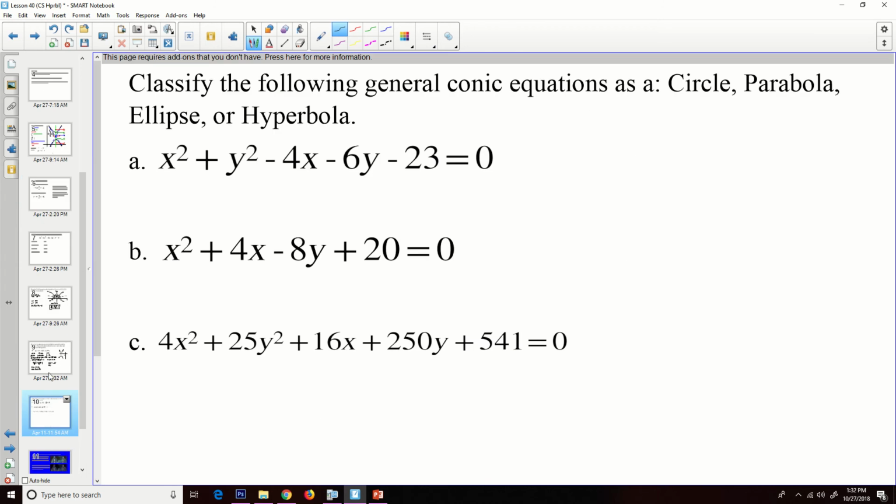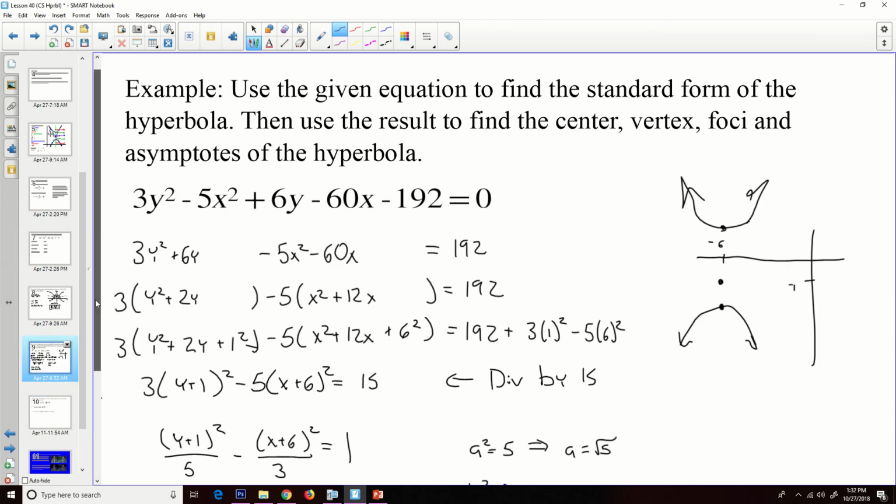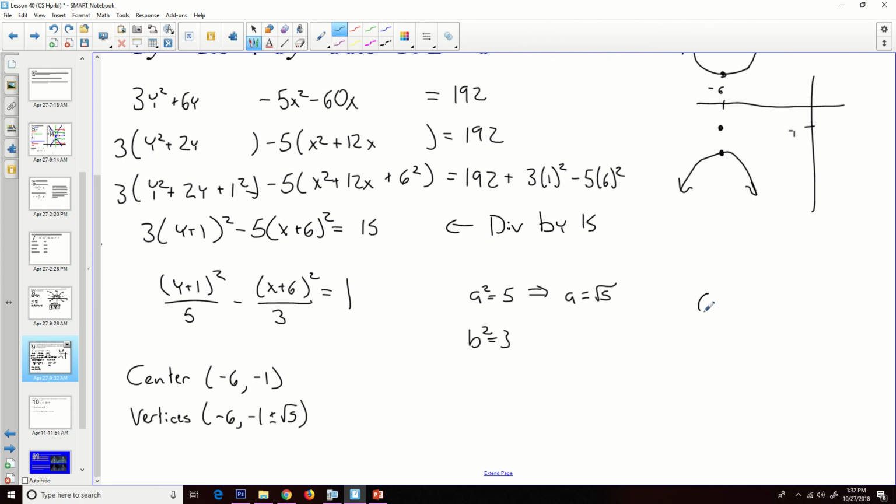So if I go, oops, I want to go back to this one. I just told it wrong. It's b squared equals c squared minus a squared. Then c squared equals a squared plus b squared. And so 5 plus 3 is 8.